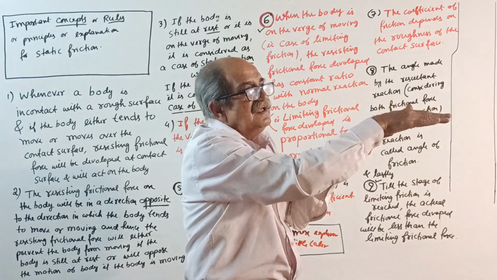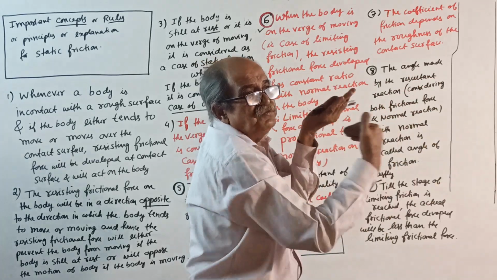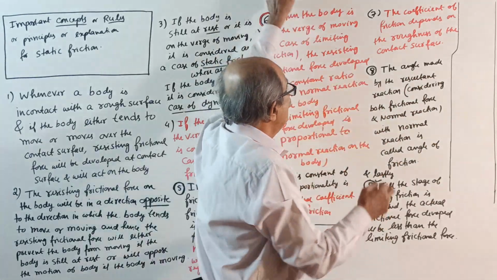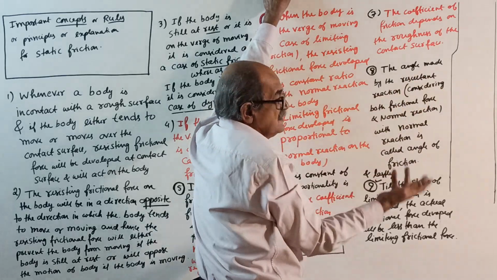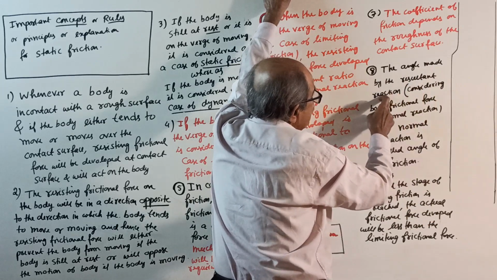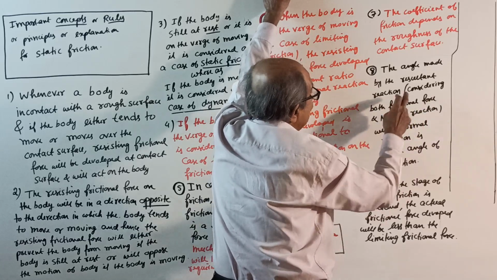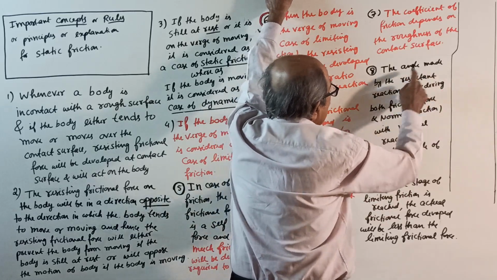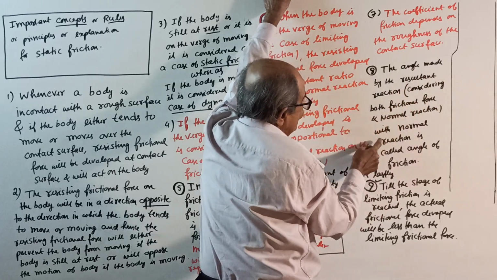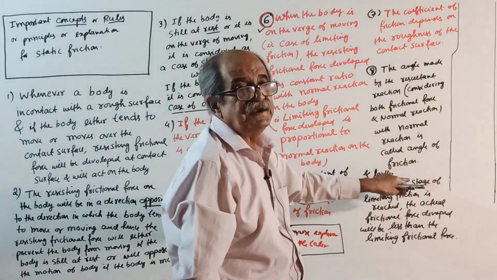So the sentence is: the angle made by the resultant reaction with normal reaction is called angle of friction.